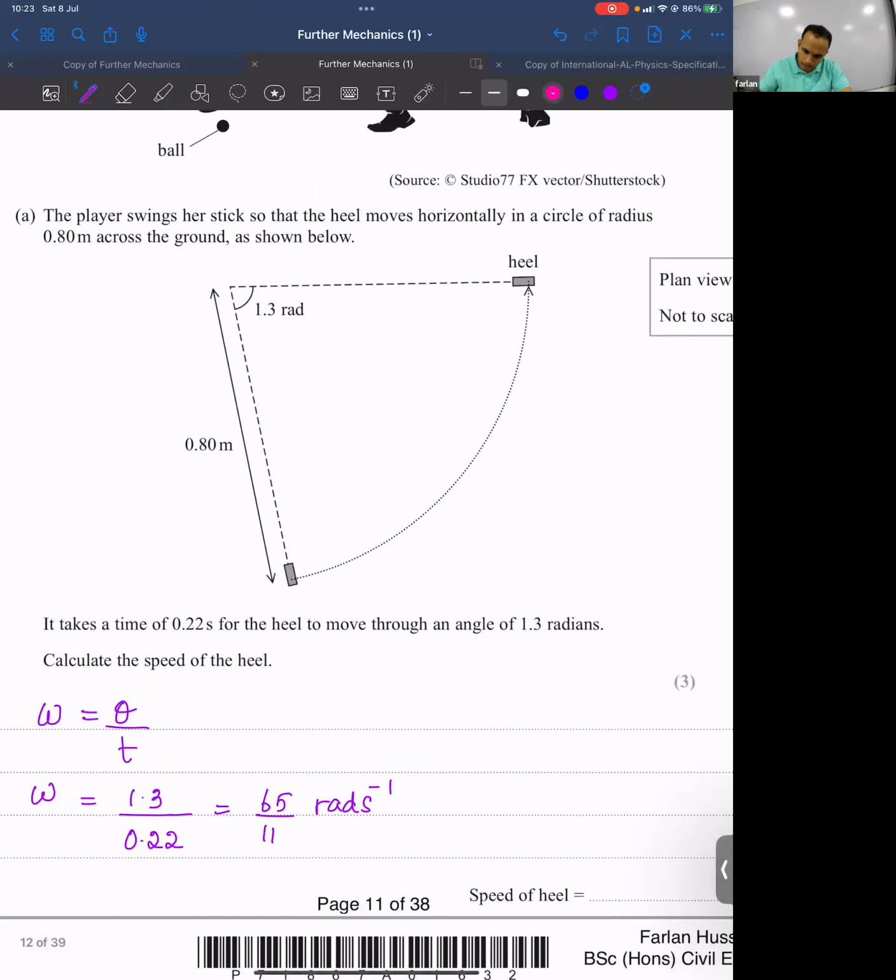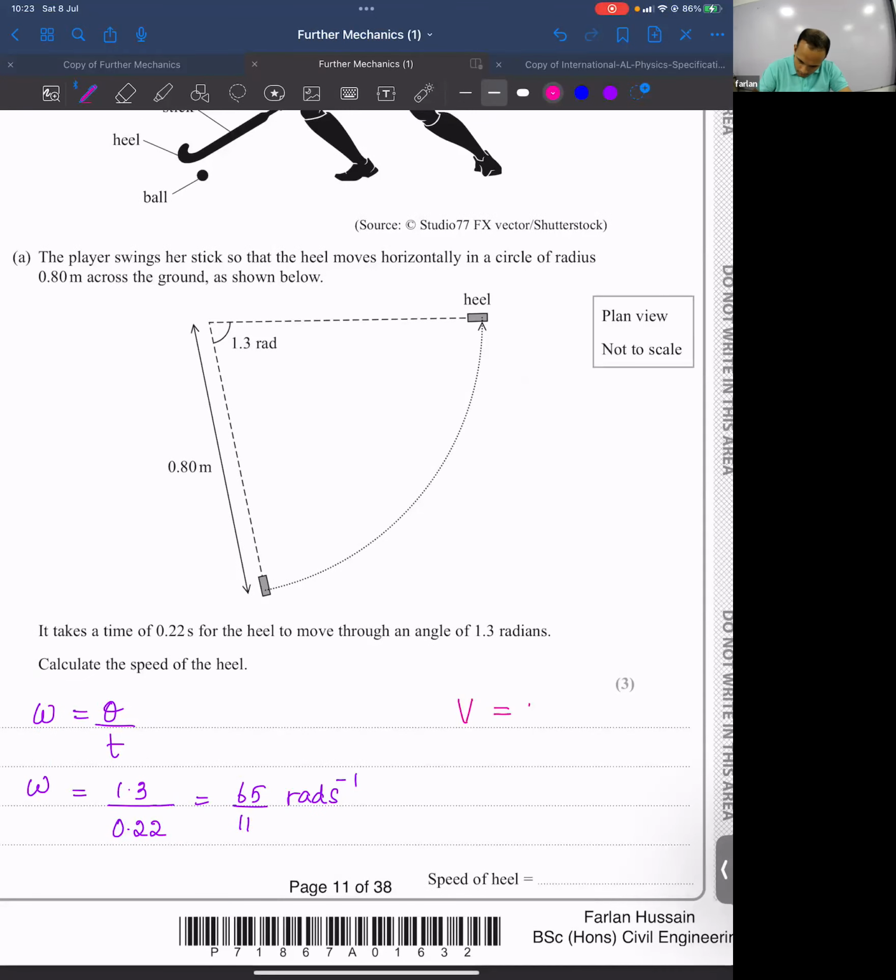So I can use V equals R omega. R is 0.8 into the omega, 65 over 11, which is 4.73. So why can't you just use V equals R theta over T? Can, no harm. Yes, you can, it's shorter. You will get the answer 4.73 anyhow.